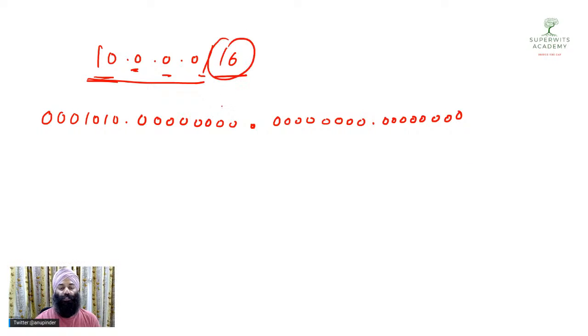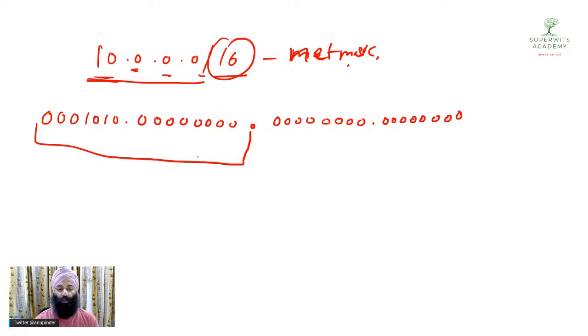So if I say 16 as a net mask for this IP series, the first 16 leftmost bits are going to represent my network. These are the network bits only.